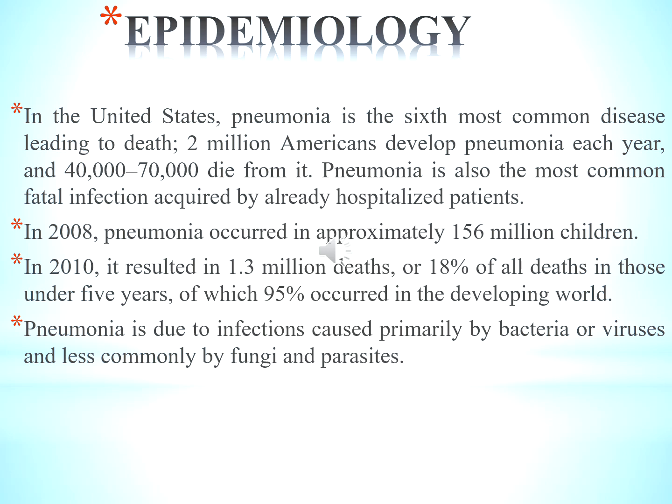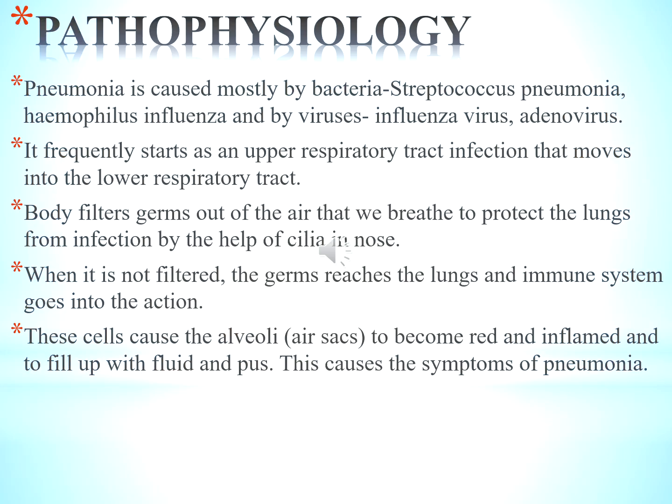Pneumonia is due to infections caused primarily by bacteria, virus, and less commonly by fungi and parasites. Coming to the pathophysiology, pneumonia is caused mostly by bacteria, that is Streptococcus pneumoniae, Haemophilus influenzae, and by viruses, influenza virus and adenovirus. It starts as an upper respiratory tract infection that moves to the lower respiratory tract.